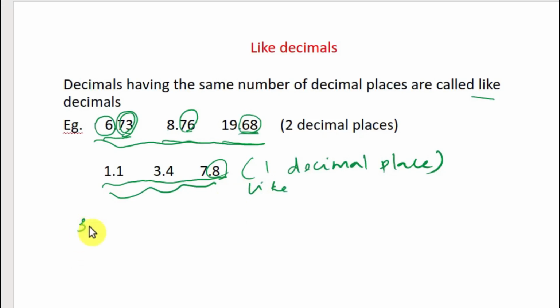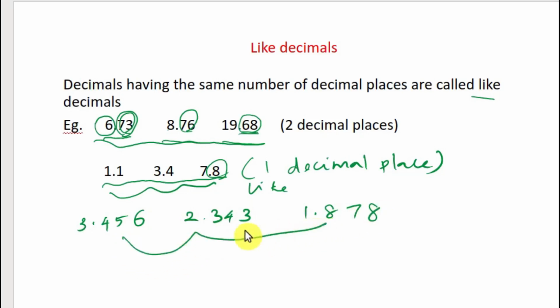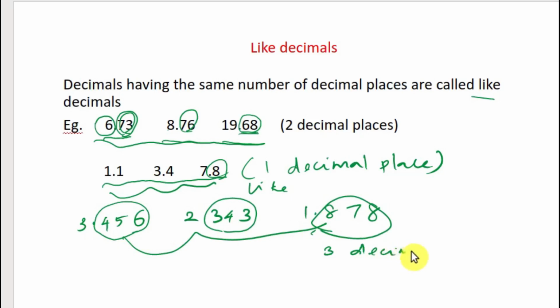I'm going to write one more example: 3.456, 2.343, 1.878. In these three decimals, they have three decimal places. So these are called like decimals.